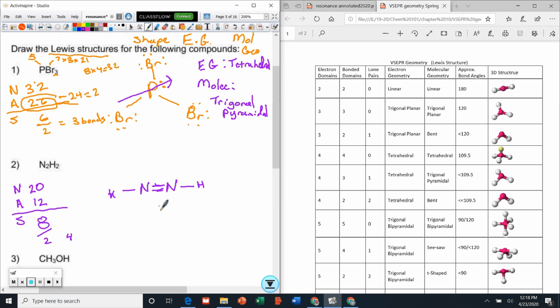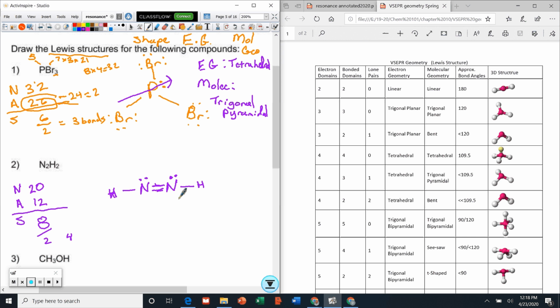That gives 6 electrons around this nitrogen, 6 electrons around this nitrogen, 2 around this hydrogen, and 2 around this first hydrogen. So hydrogen is satisfied. All right, but we've used 2, 4, 6, 8 electrons. We have 12, so 10, 12.